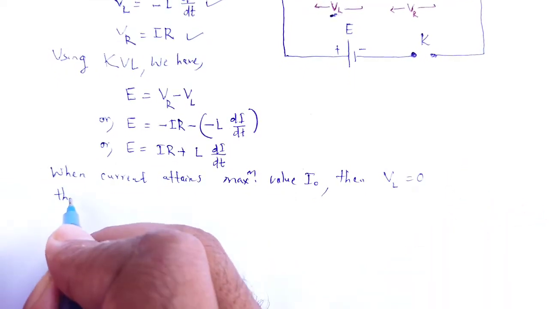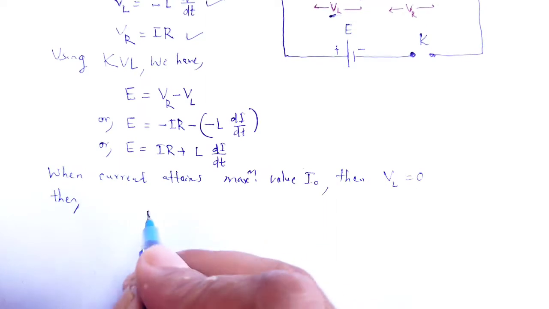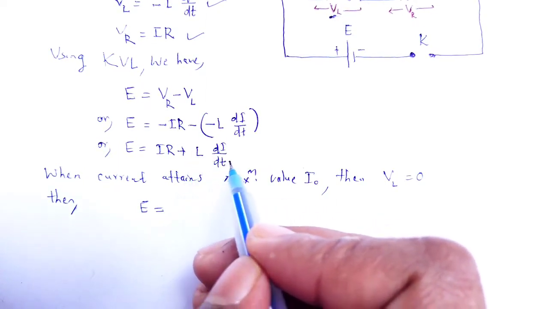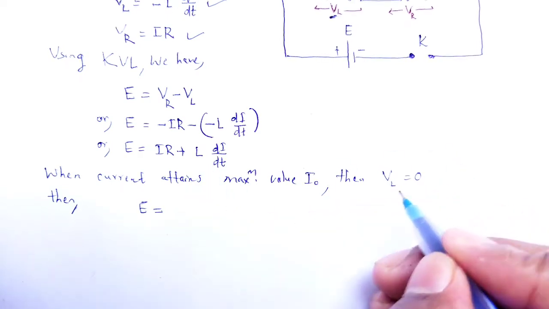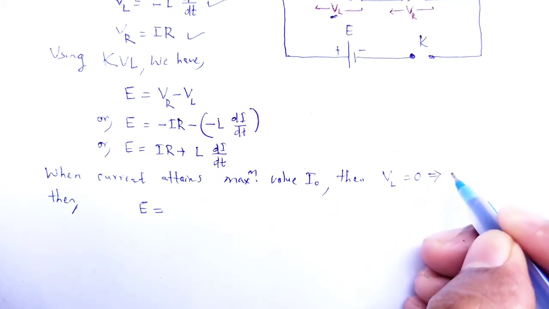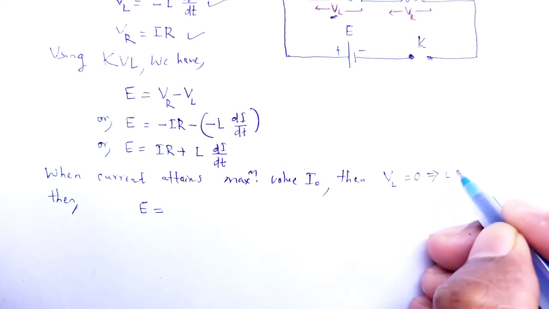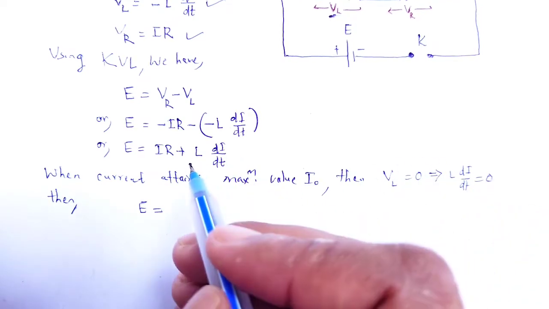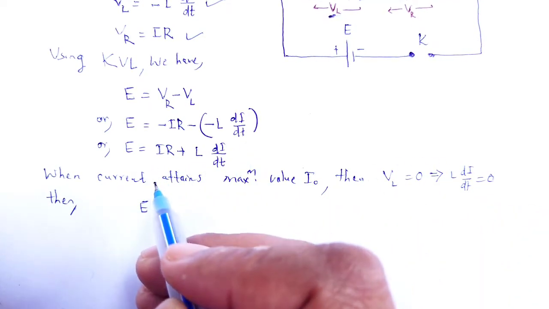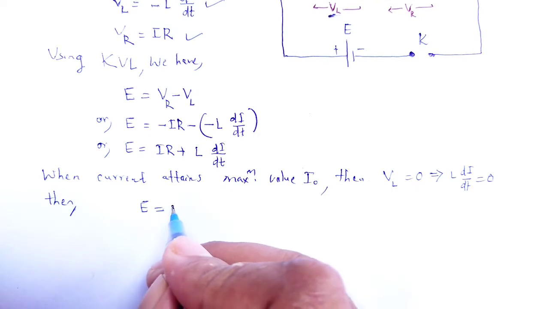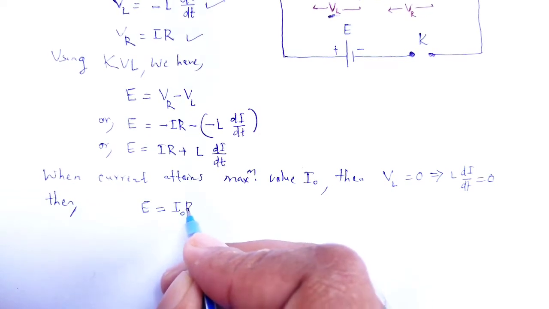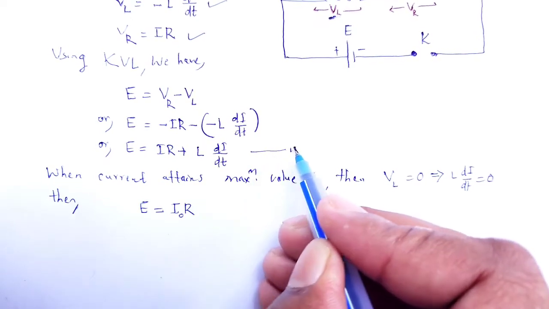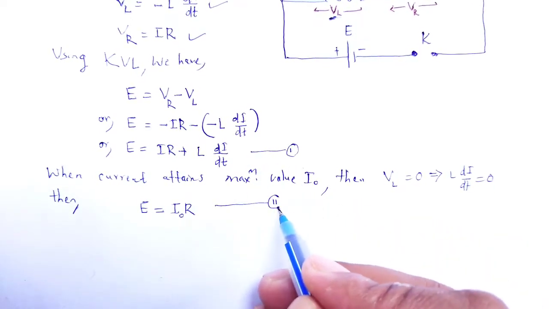Then in that equation the term L di by dt is equal to 0. Instead of L di by dt you can put 0 and replace I as I naught, so E is equal to I naught into R. Let that be equation number 1.